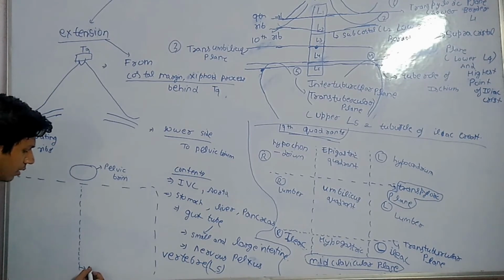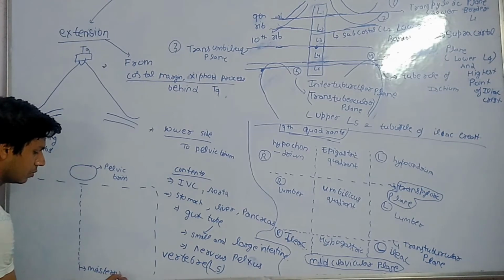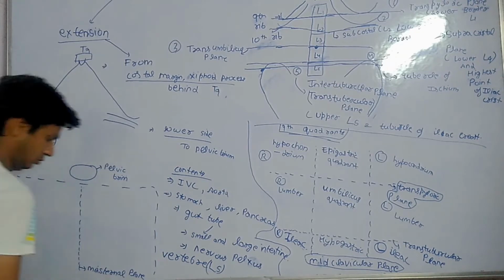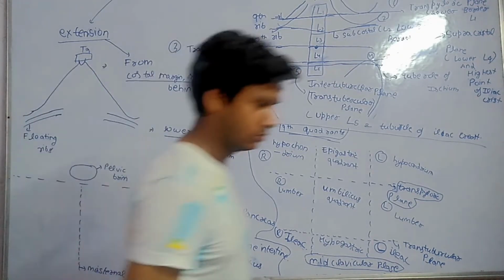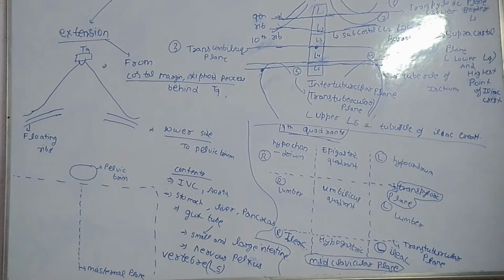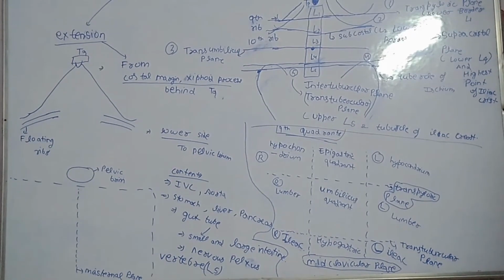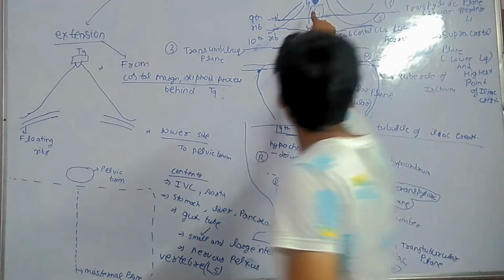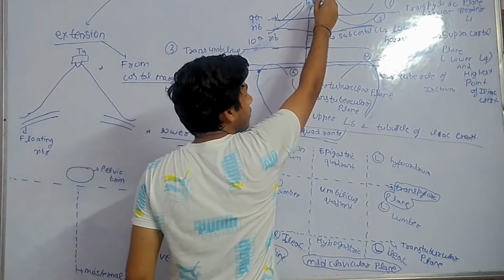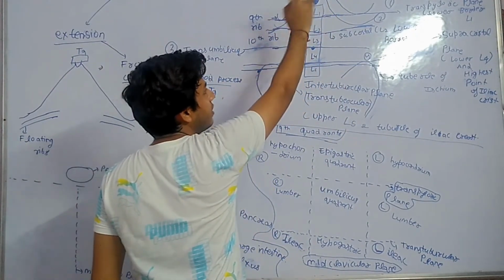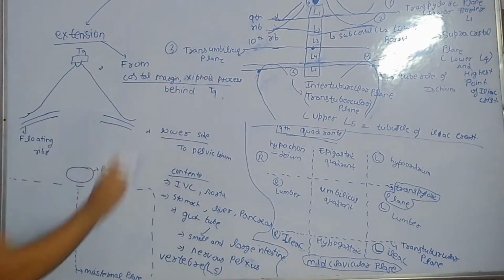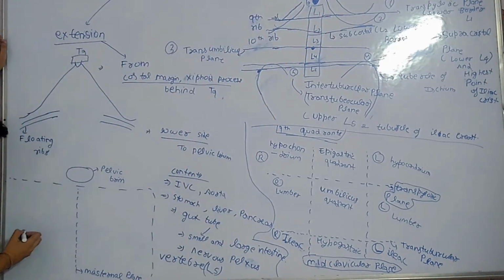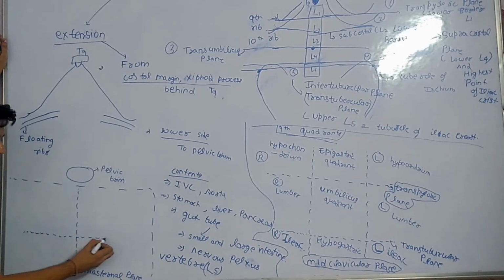This is called the mid-sternal plane. So here is the T9 vertebra. Remember this. T9 vertebra is behind this. Now come to the second division of quadrants. So first is called the mid-sternal plane.